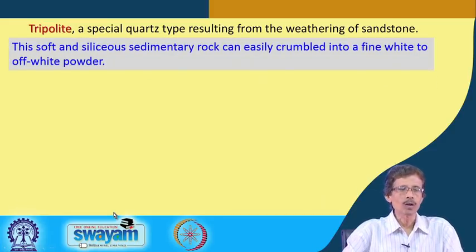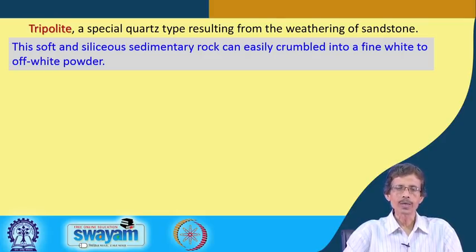Definitely it can be a siliceous sedimentary rock material, because your sandstone is nothing but a sedimentary rock variety, and the top of that sandstone gives a powder-like material. So, that can definitely be a soft material and can easily be crumbled into fine white to off-white powder.